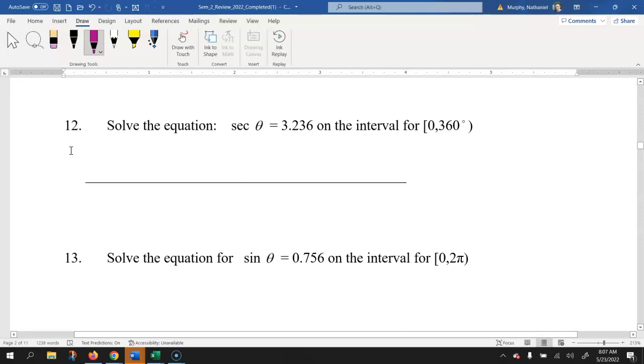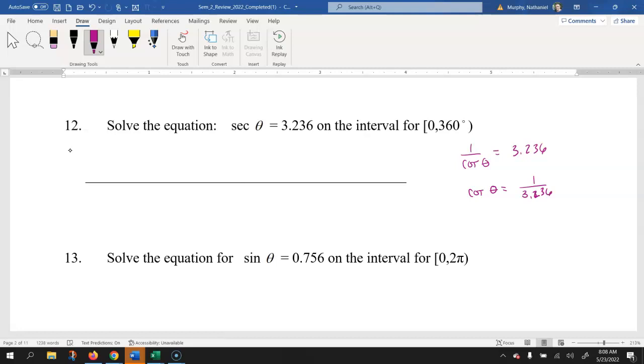All right, so for this one, we're trying to solve a trig equation. To solve for that, we just take the inverse. Remember, the secant is the reciprocal of the cosine function. So if we look at this as 1 over the cosine of theta equals 3.236, then if we take the reciprocal of both sides, the cosine of theta equals 1 over 3.236.